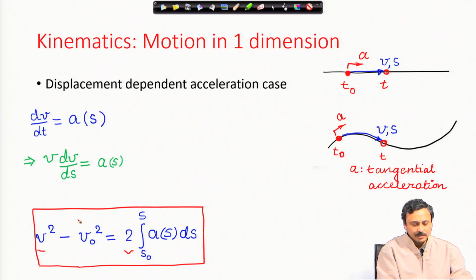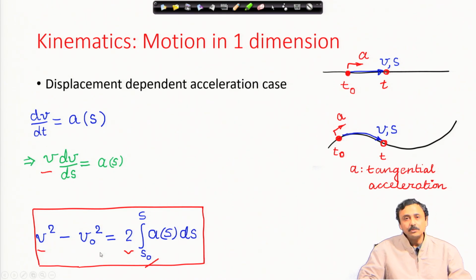So this comes from integrating v dv, where v naught is the velocity of the particle when s was equal to s naught. Therefore v square minus v naught square is equal to 2 integral of acceleration over ds from s naught to s.